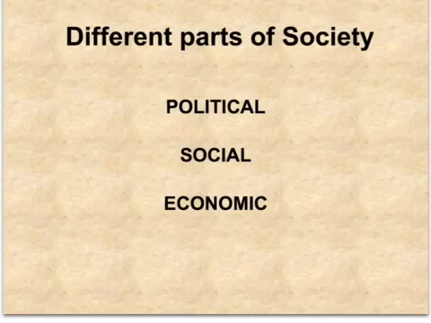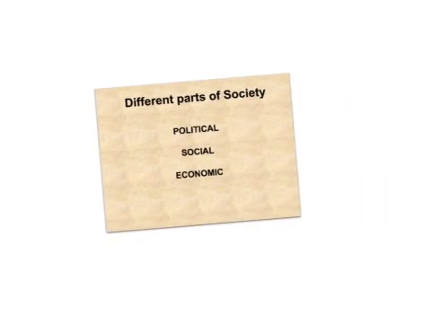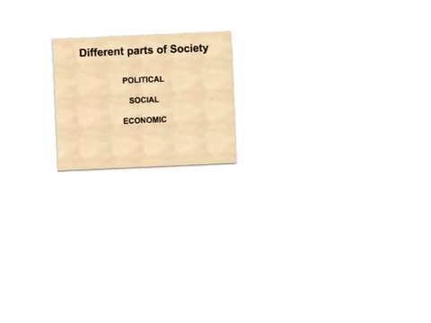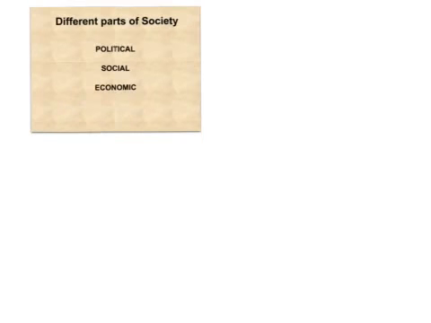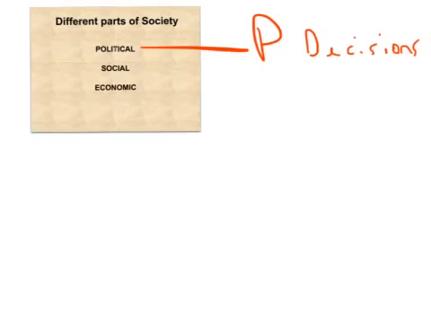Finally, just a very quick note: throughout the unit, when we're looking at different parts of society, we'll split it up into three ways: political, social, and economic. That's just an easy way to look at it. Political is looking at how decisions are made: government, taxes, bureaucracy, laws, and the impact of laws.